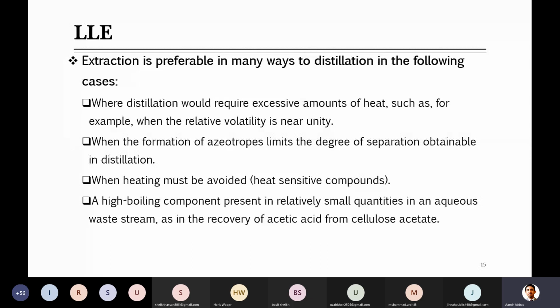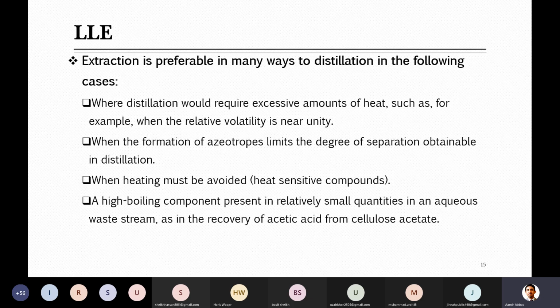Another case is a high boiling component present in relatively small quantities. It means that the component you want to separate boils at a high temperature compared to other feed components, but it is in a very small amount. In that case, if you want to separate it with distillation, you have to vaporize all the other stuff of the feed, and only this will be left over as a heavier component at the bottom.